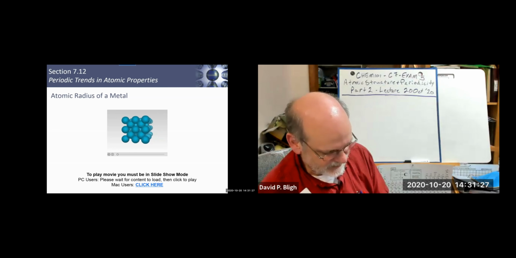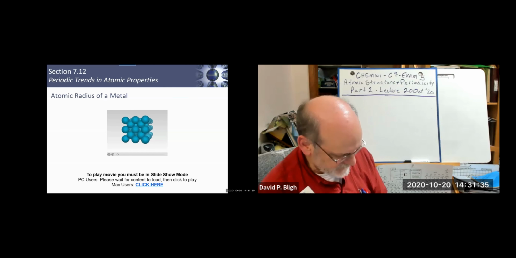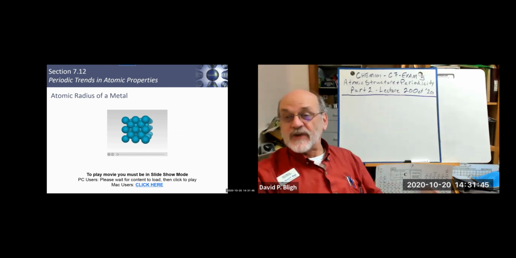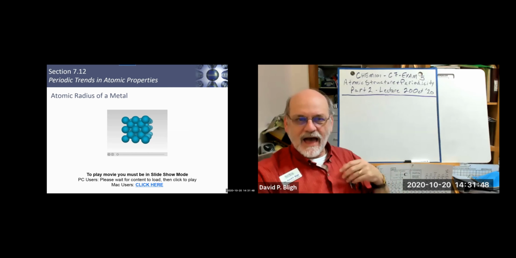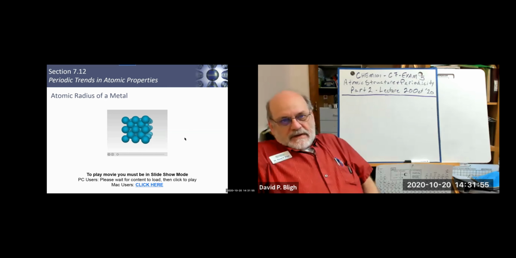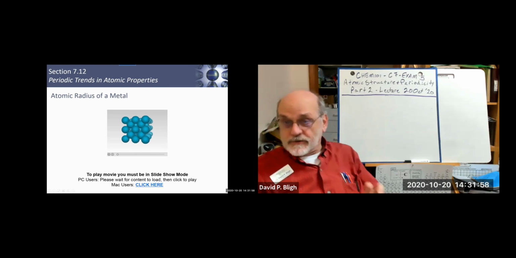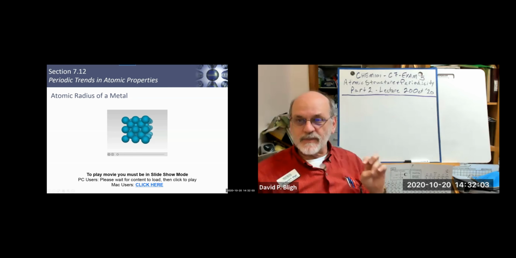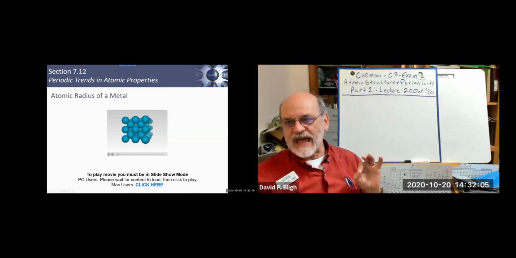The key to that statement is estimated. It's still a mystery to me, in some cases, how the spacing and the radius is determined. I'm assured that, especially for crystalline solids, I can understand that, because crystalline solids can be analyzed by X-ray diffraction, which is extremely accurate and reliable.